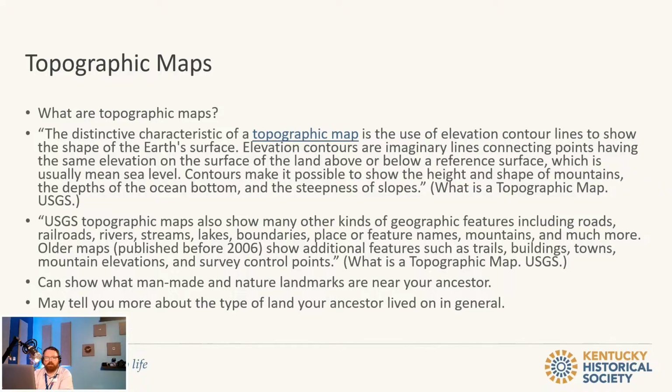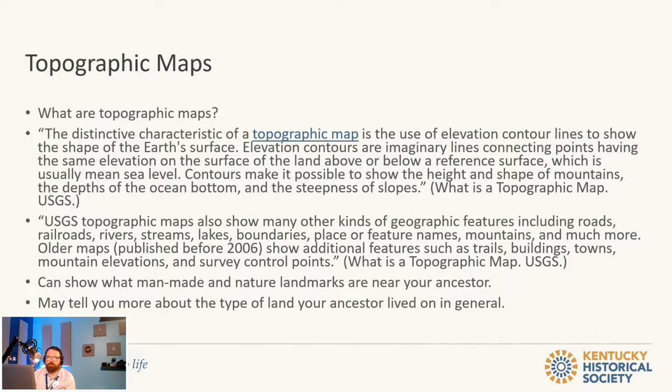So basically these can show you what man-made and nature-made landmarks are near your ancestor, and they may also tell you what type of land your ancestor lived on in general, like if they lived more in mountainous regions. A lot of these types of maps, especially the earlier ones, are going to have landmarks of some sort, and even ones that aren't topographic maps, you'll see roads or rivers and things like that.